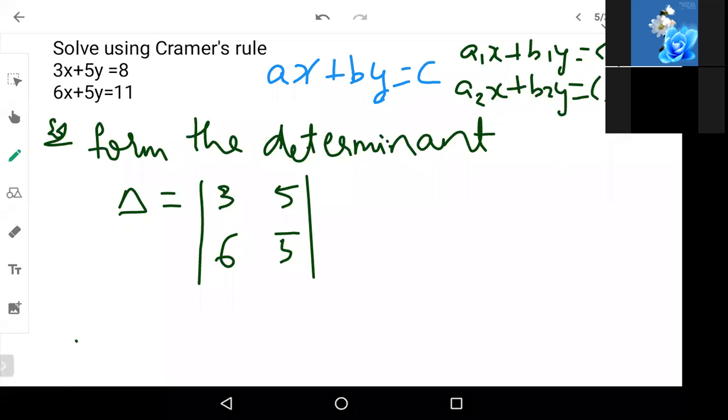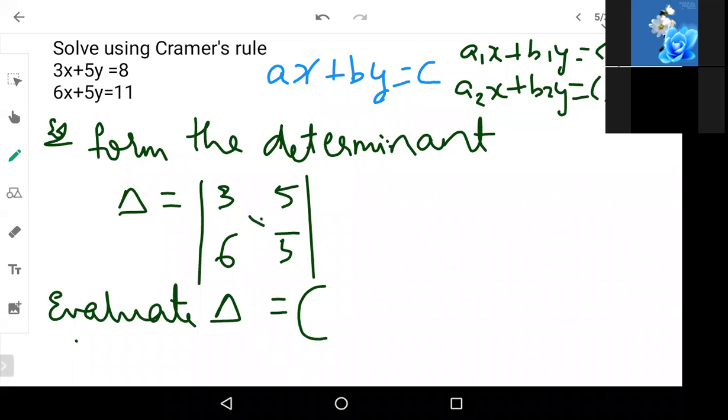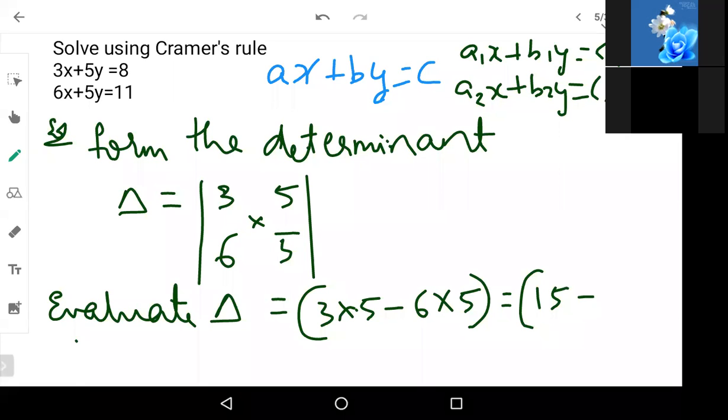Now let us evaluate delta. So let's solve this. You are supposed to do the cross multiplication. So how much do you get? 3 into 5 minus 6 into 5. So 3 5s are 15 minus 6 5s are 30.